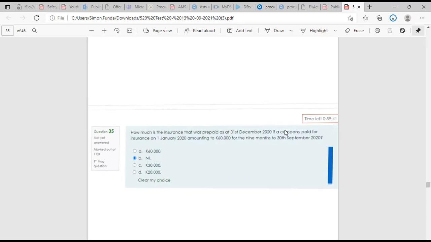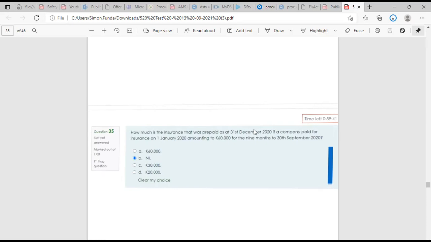Okay. So they're talking about a prepayment. You know what a prepayment is? Pay in advance. Yes, a payment that we make in advance.